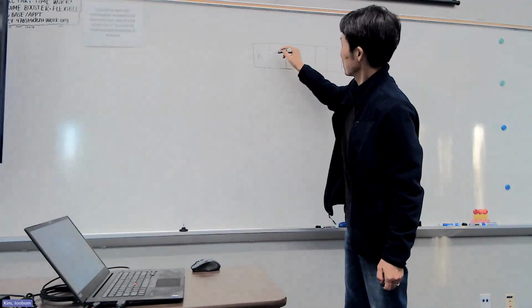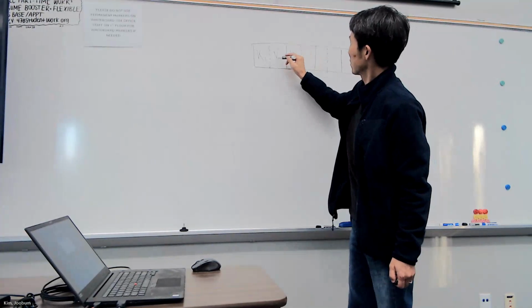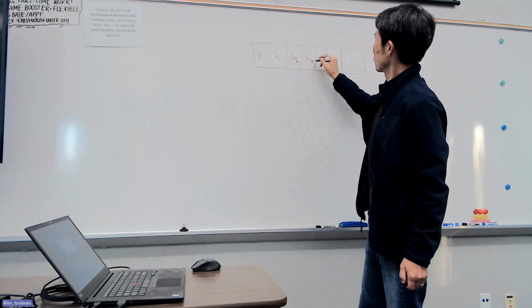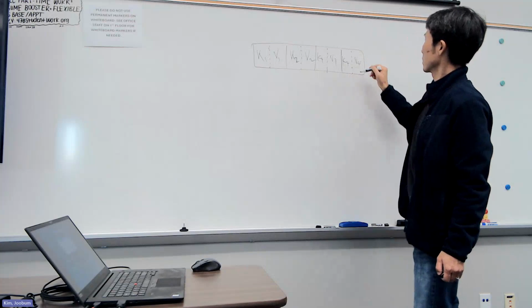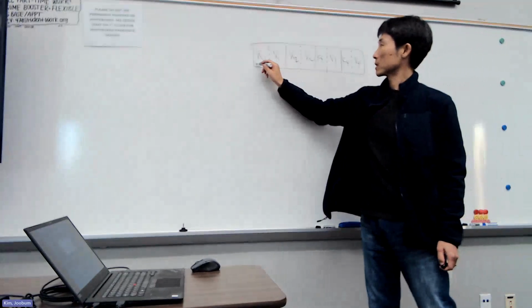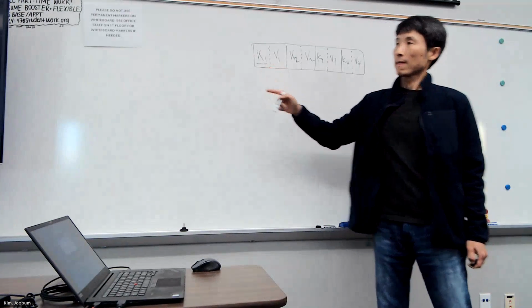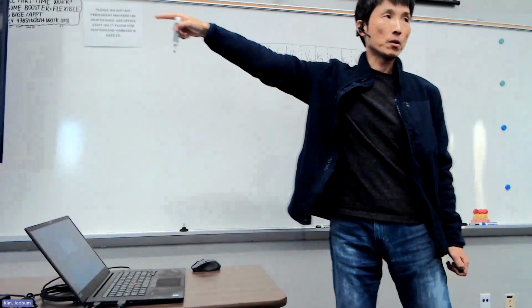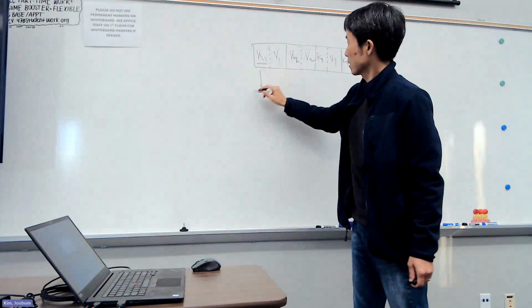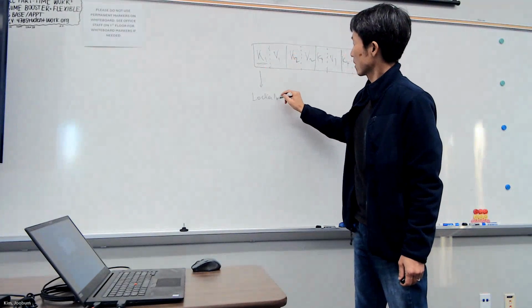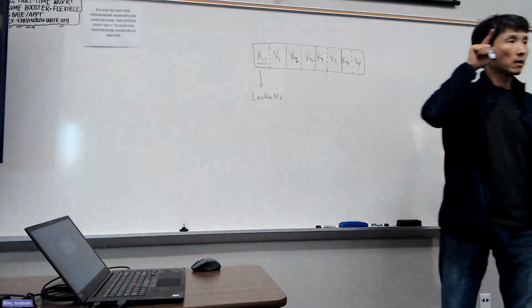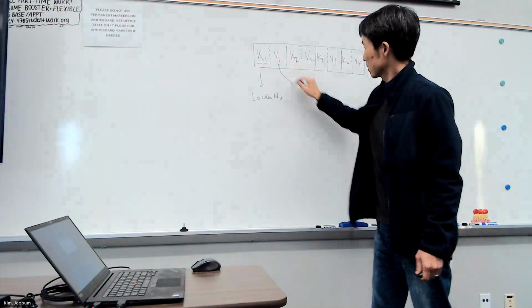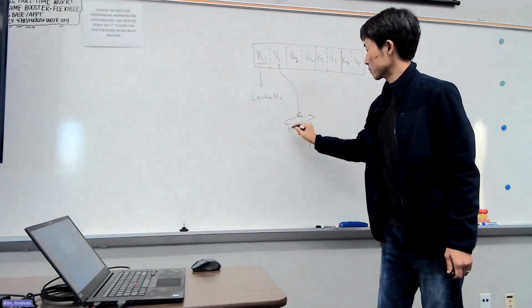This is a key and the value: key 2, value 2, key 3, value 3, key 4, value 4. So what is the key? In this case, the locker number. And the value is what? Cylinder. Maybe a kind of cylinder.